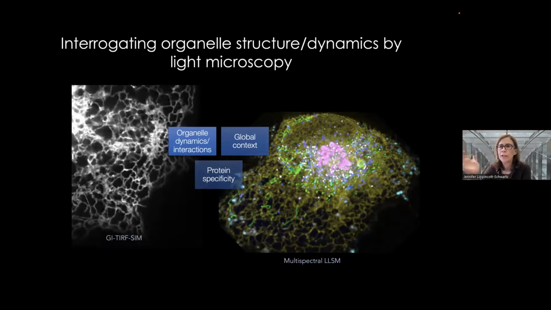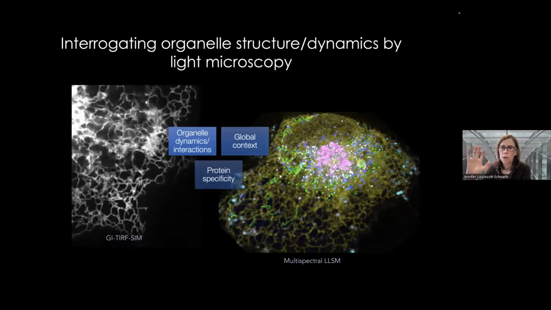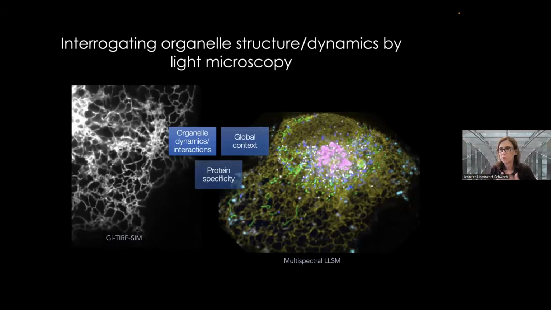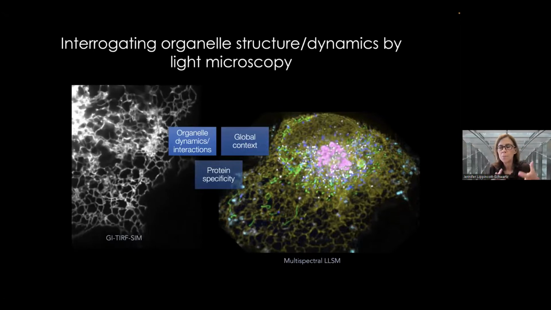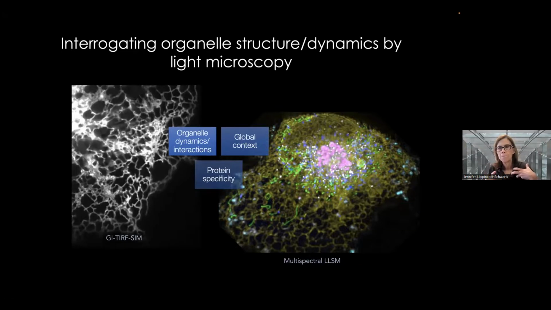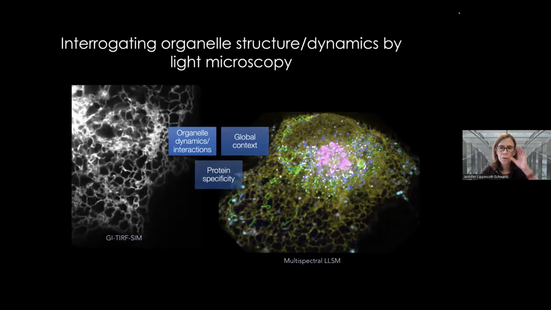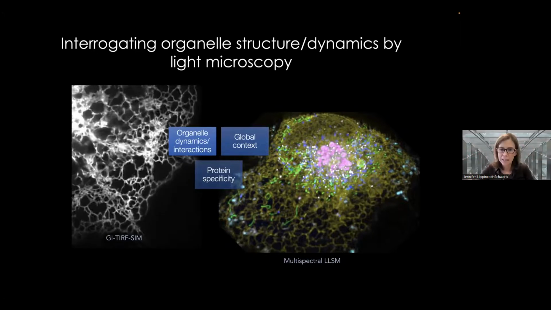These organelles are moving all over the place, and that movement is important for positioning the organelle where it can contact and communicate with other organelles or be exposed to particular cytoplasmic environments. So we need to think also about dynamism.